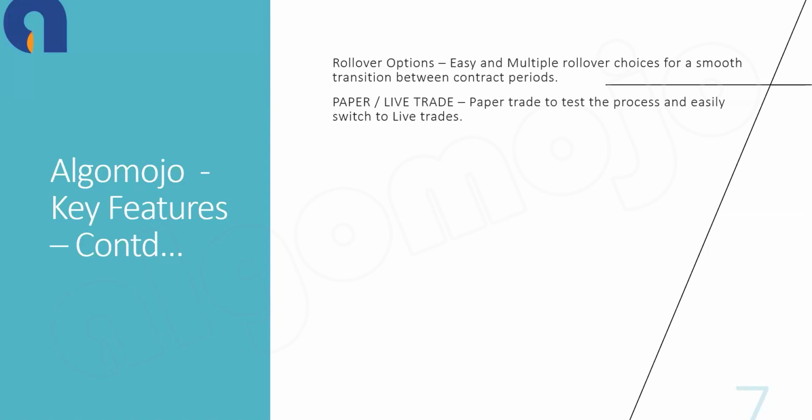Is the expiry happening as per your requirement, or are the square offs happening as per your requirement? And are stop losses getting hit as per your requirement? To set those kinds of parameters and check whether it is running as per your requirement, the paper trade facility is provided. Kindly make use of the paper trade when you start using the platform.